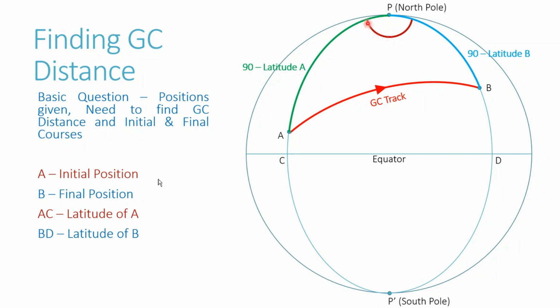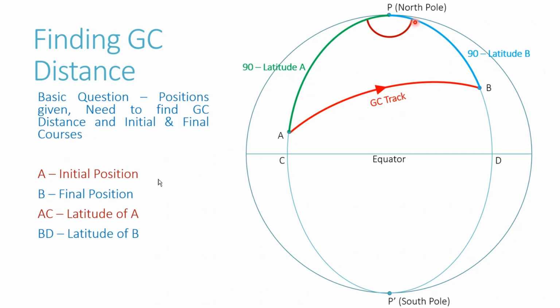This is the D long between A and B. As the positions of both these points A and B, initial and final position, are given to us, we have the longitudes of A and B known to us. Once you have the longitudes, we can easily find out the D long between A and B. So the D long between A and B gives us angle P of the spherical triangle PAB. So this is the third item which is known to us, that is angle Papa.